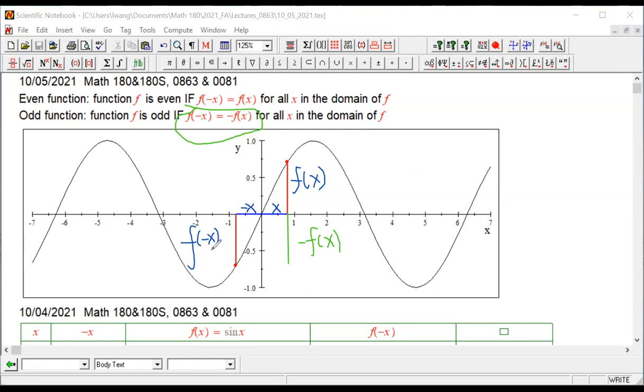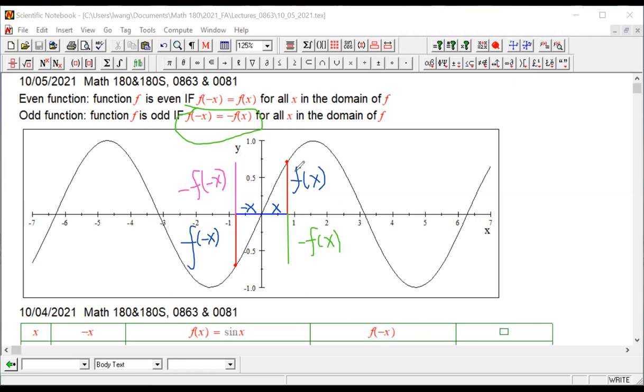Another situation, which is describing the same thing, is that I can flip this guy over. If I flip this red over, it becomes its opposite. So we understand what opposite is, right? When we flip that over, that becomes negative of f of negative x.